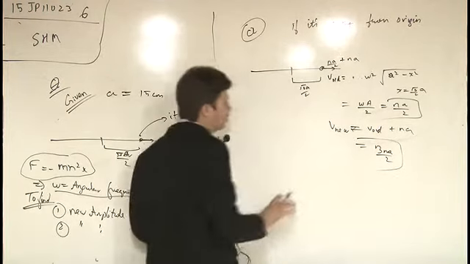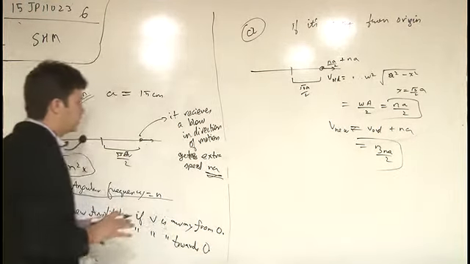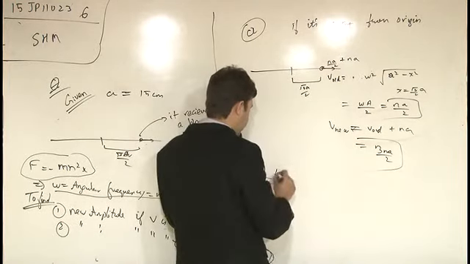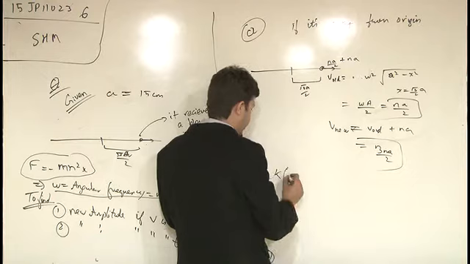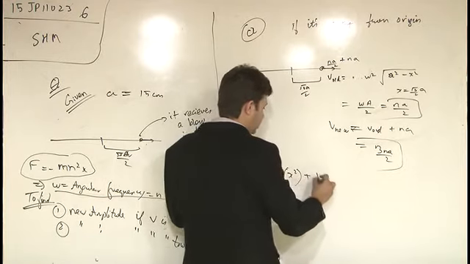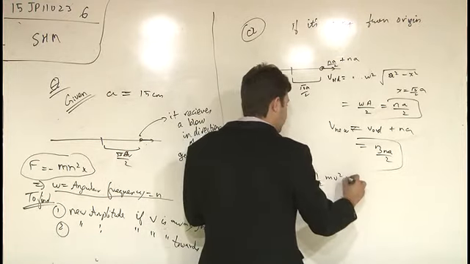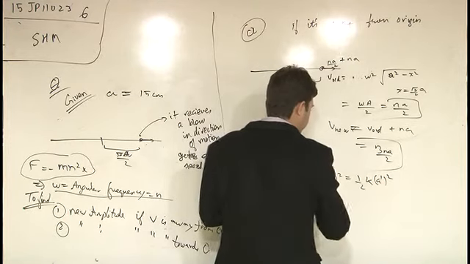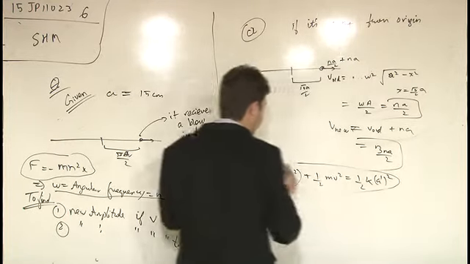Now the total energy of the system must remain constant, and that should be equal to half k x square plus half m v square is equal to half k a dash whole square, where a dash is the new amplitude.